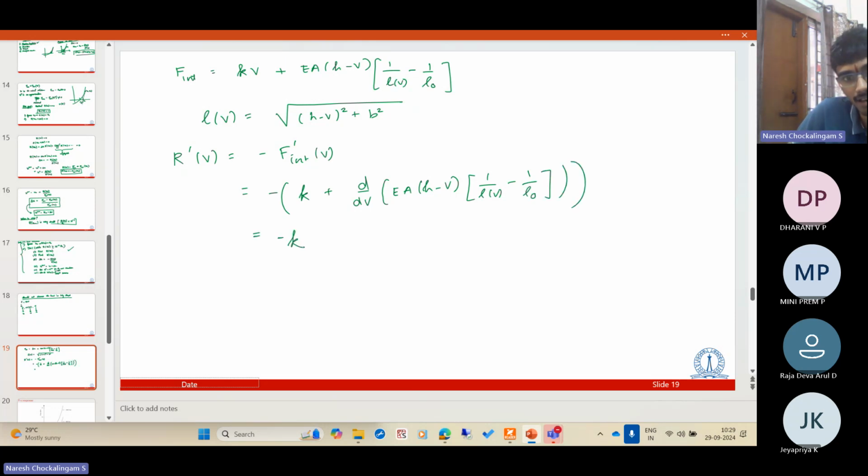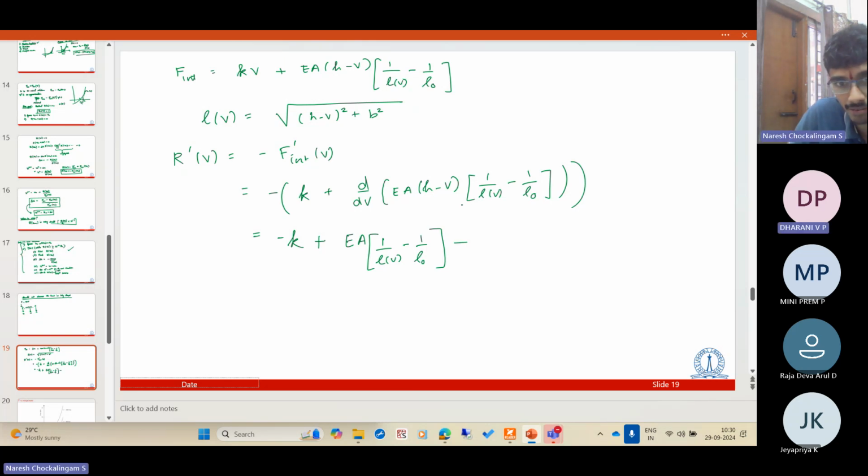Let me not skip any steps. Here I'll apply the product rule. I'll first differentiate the first term. d by dV of H minus V is minus 1, so it is plus EA into (1 by L of V minus 1 by L naught).